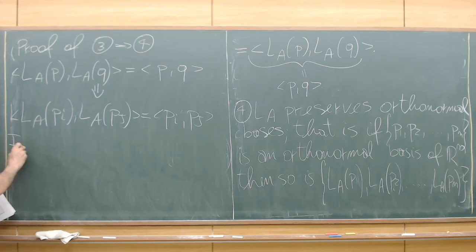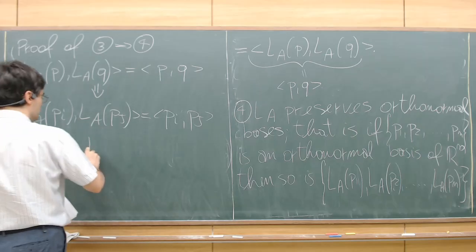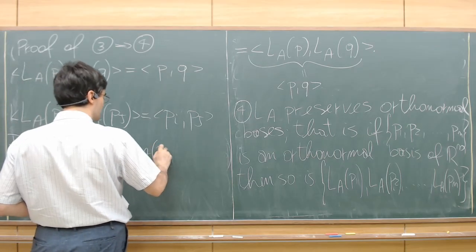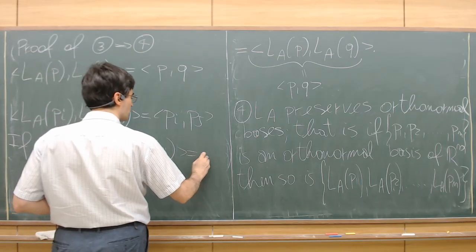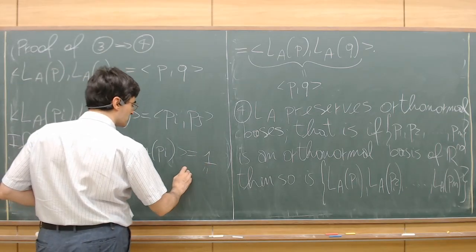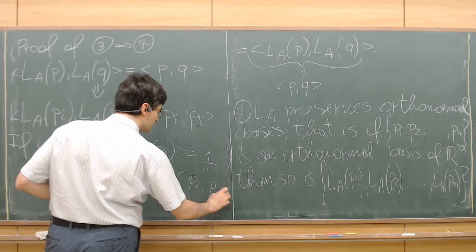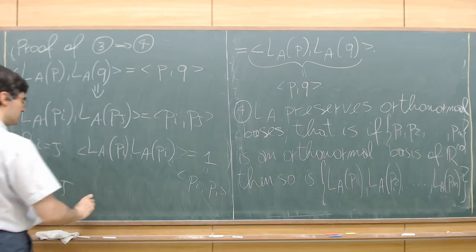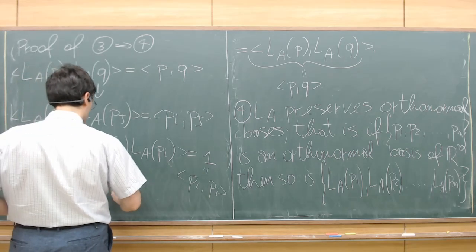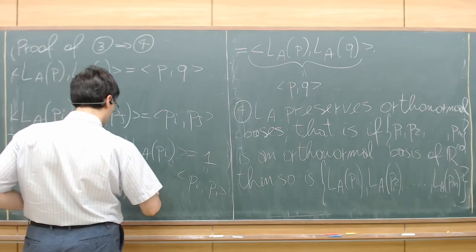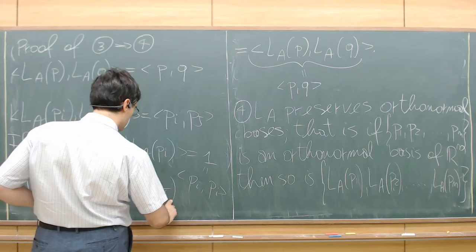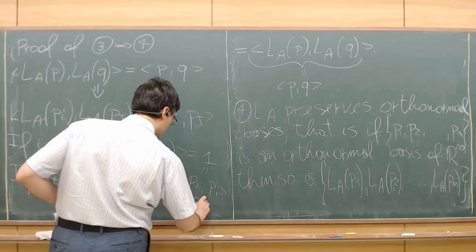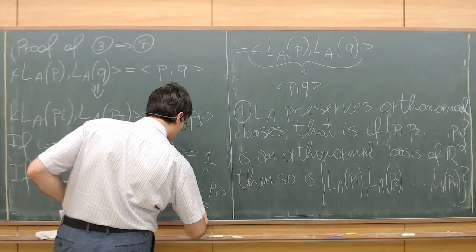So you get that if I is equal to J, LAPI comma LAPI is 1, because this is PI comma PI, and if I is different from J, you get that LAPI comma LAPJ is 0, because this is PI comma PJ.